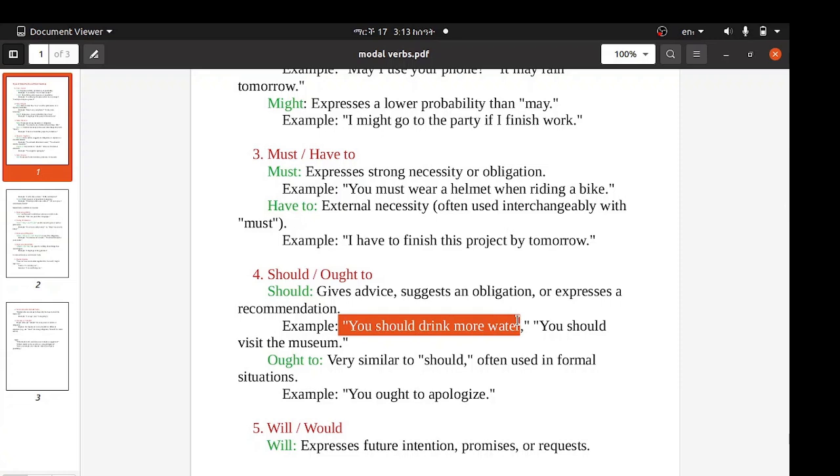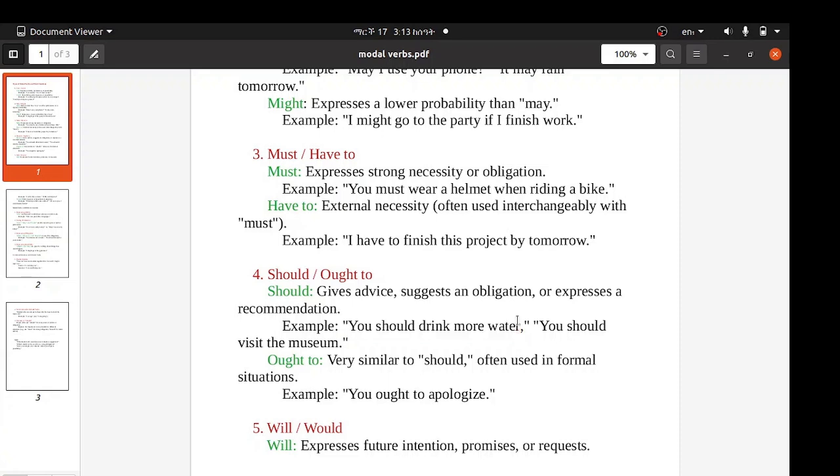Should can be used to express obligation, but it is not equal to must. Must is 100%, but should is not 100%. This is the difference, but both are used to express obligation.